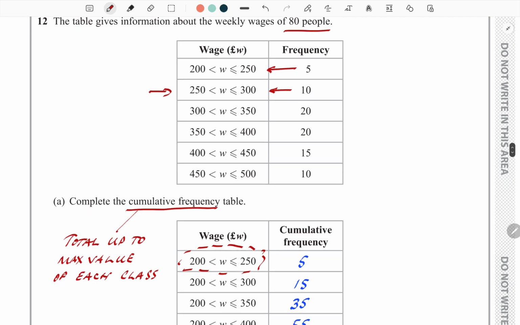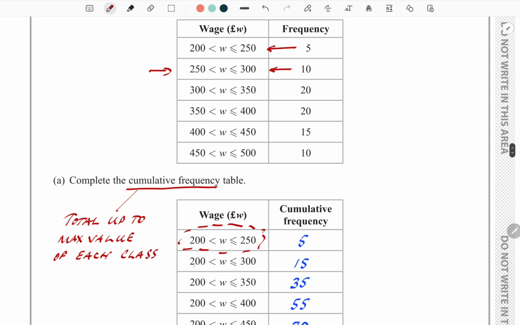Then when you talk about how many people earn between 200 and 300, you've obviously got the 5 who earn between 200 and 250, and then you've got the 10 who earn between 250 and 300. So that effectively is 5 of the previous and then 10 of this particular class, hence 15. And so basically you just keep adding as you go along. So the next one, you can see it's 20. So we have the 15, add 20. So here, look.